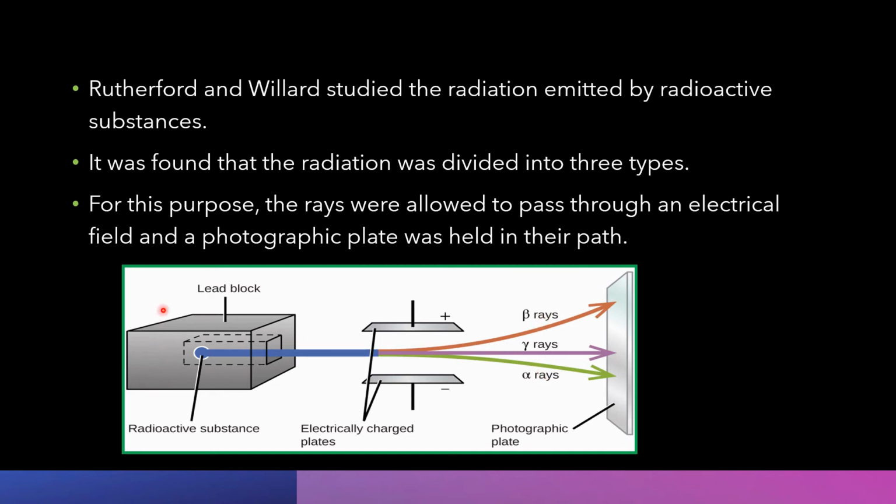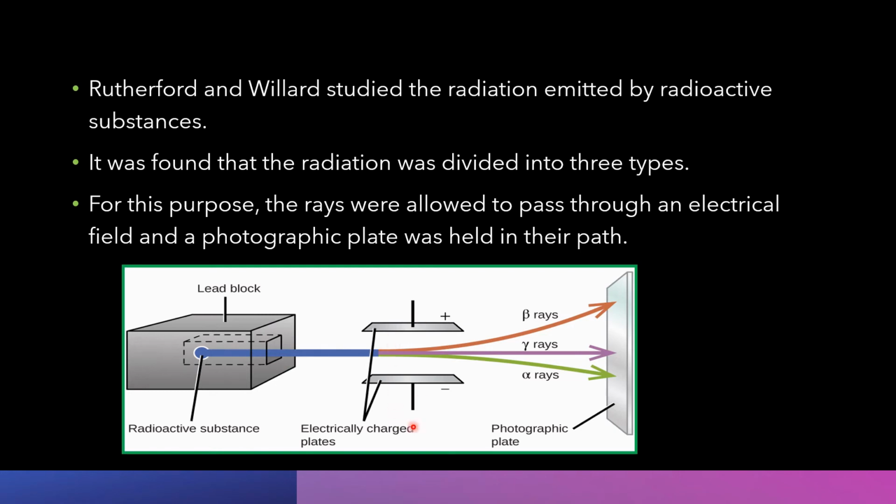If you see the radioactive substance which is kept in a lead block, this is to avoid any escape of the radiation. We know the radiations are harmful, so they have been kept inside a lead block, and they have been finely channelized at one point so that they will pass through electrically charged plates.